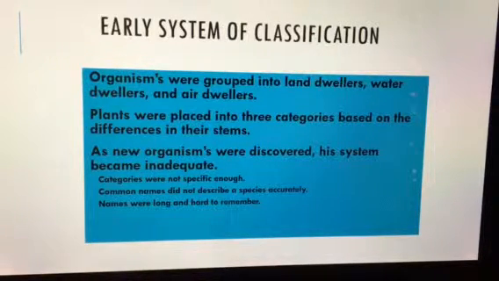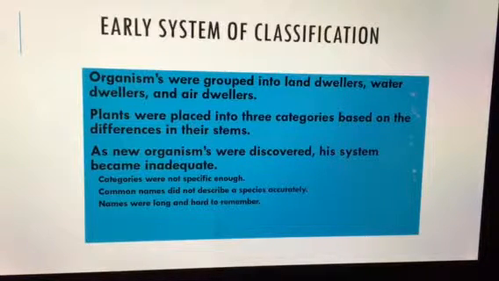As new organisms were being discovered, we found out that Aristotle's system wasn't okay. It was really inadequate. It had so many loopholes in it. If you think about this, there is not one organism that lives only in the air and doesn't ever go to the land or the water. It doesn't make sense. And when we talk about plants based on their stems, some plants don't have stems, so where do they get classified?